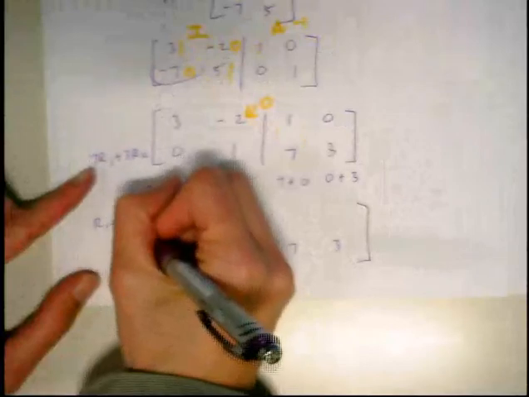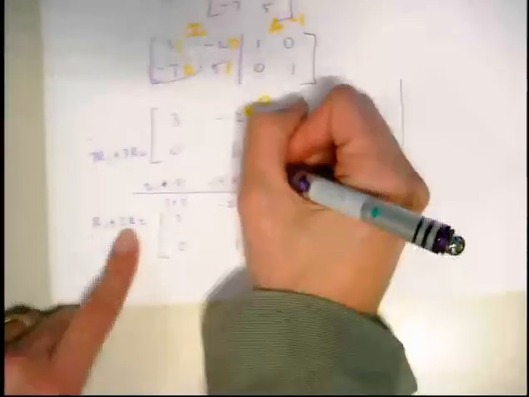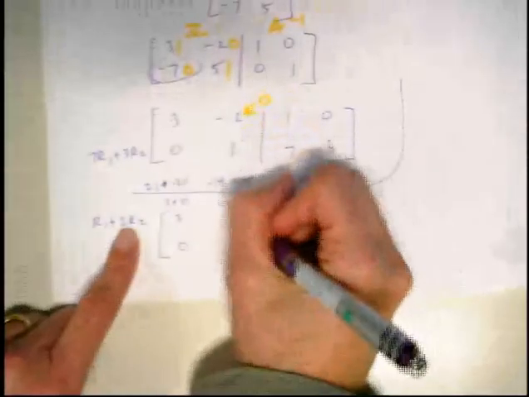So I'm going to take row 1, and I'm going to add 2 times row 2. Okay, are you ready? Row 1 plus 2 times row 2. That would be 3 plus 2 times 0, so I get 3. Row 1, which is -2, plus 2 times row 2, plus 2, which is 0. Perfect.